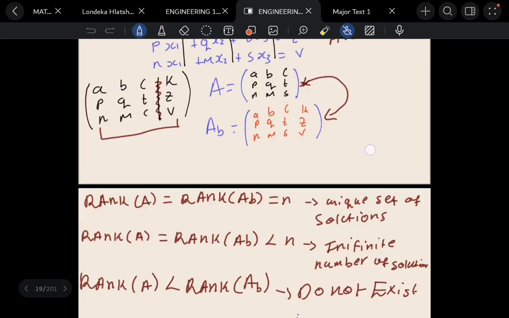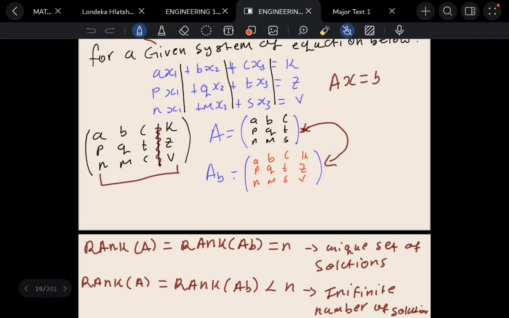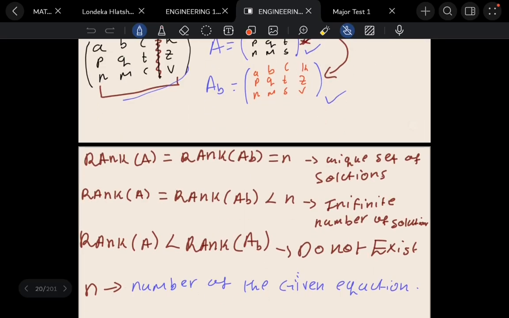We expect you to find the matrix and write it in this form. Take out matrix A, take out matrix AB, and find the rank of A and AB.